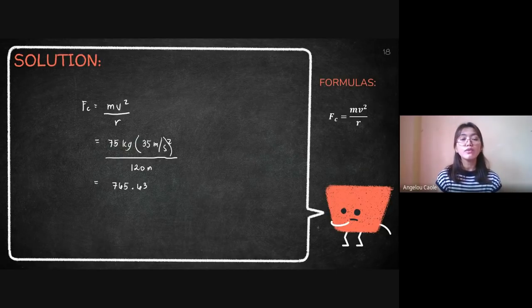Okay, and take note that the unit of force is Newton. Okay, so unit of force is Newton. Or you can just write your answer as 766. Okay, it's also considered.